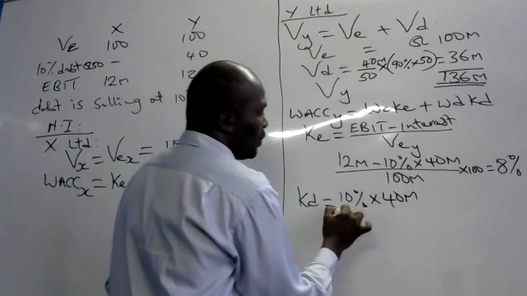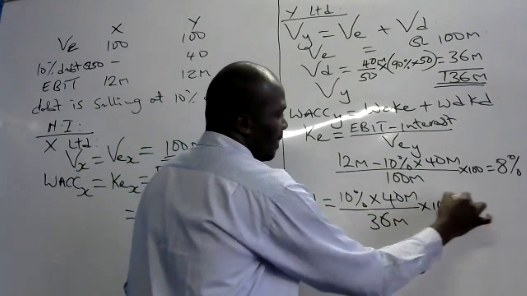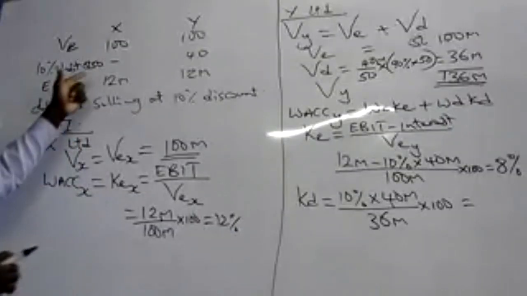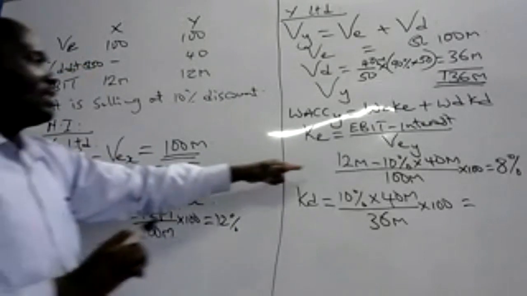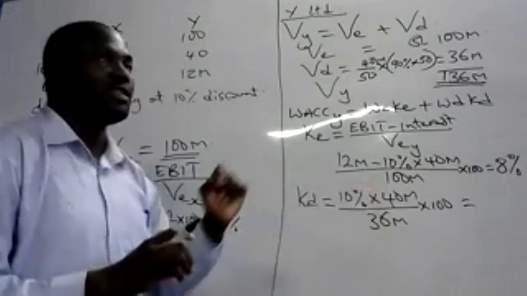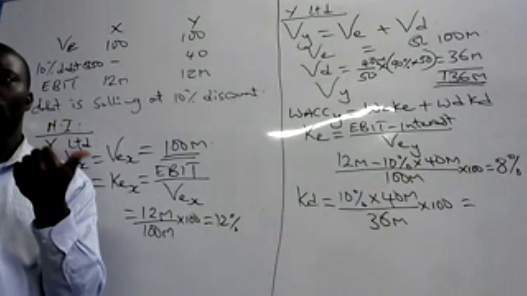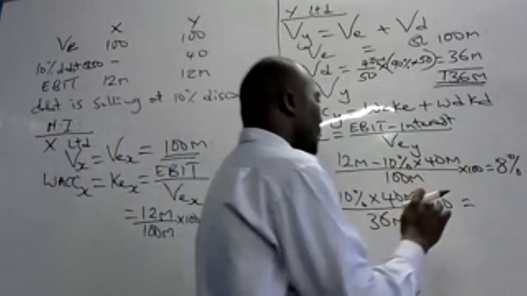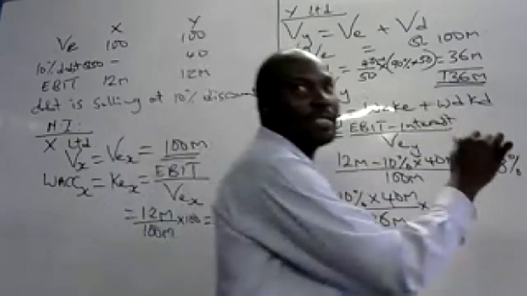Of 40 million. And what is the market value? Because we have a par value, 90% of 50, so this is 45. Somebody else can say 10% of 50 divided by 45. They'll give you the same thing. So that's what we're doing with the par value: 10% of 50 divided by the market value of 45. You get the KD of how much? 11%.